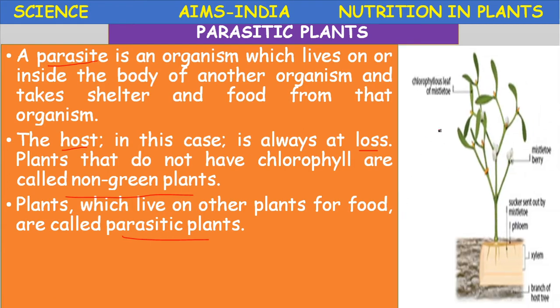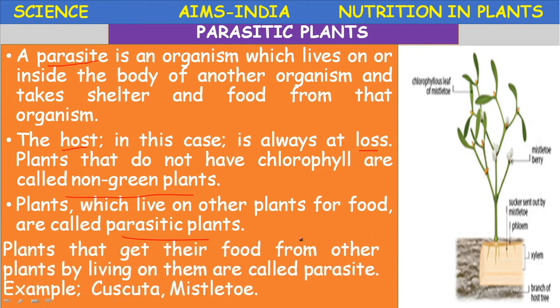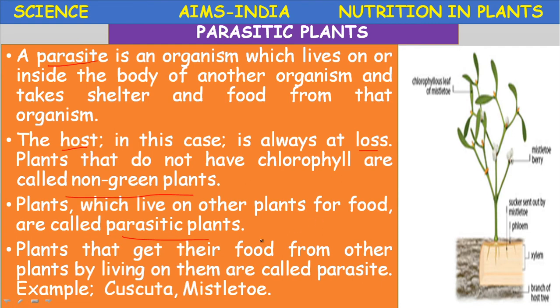So here one example is given, that is amarbel or Cuscuta. There are different names for these plants, common name and scientific name. The plants that get their food from other plants by living on them are called parasites.